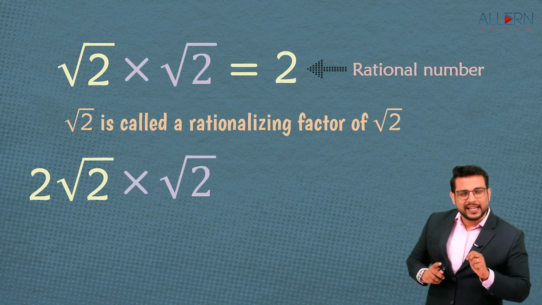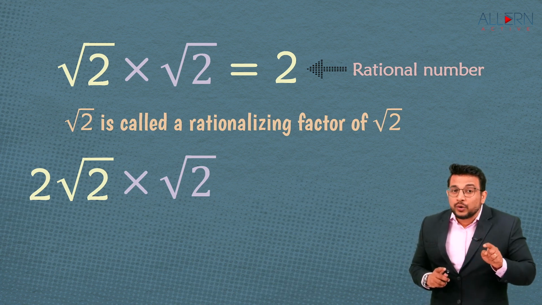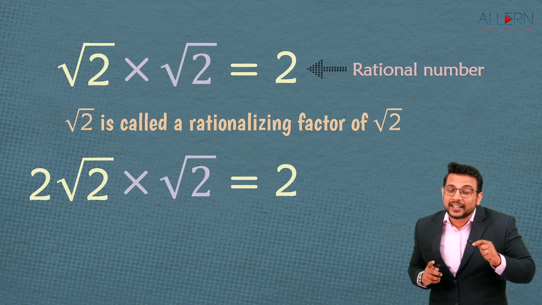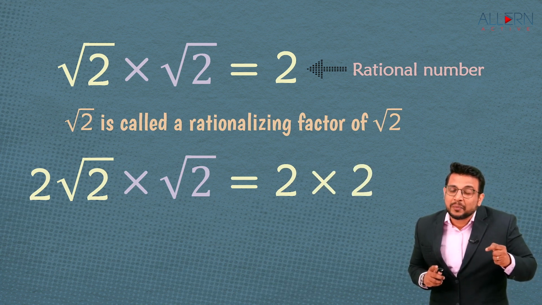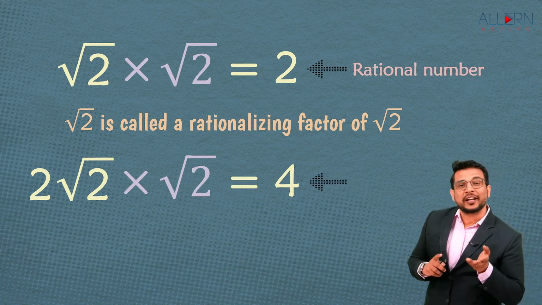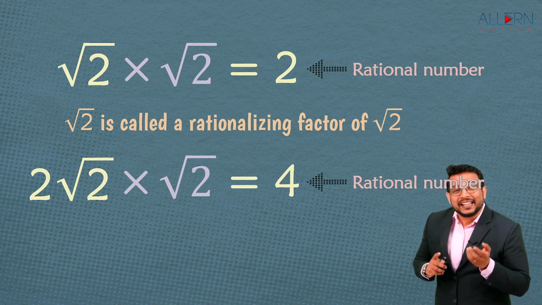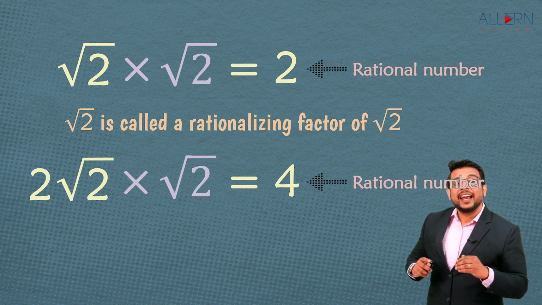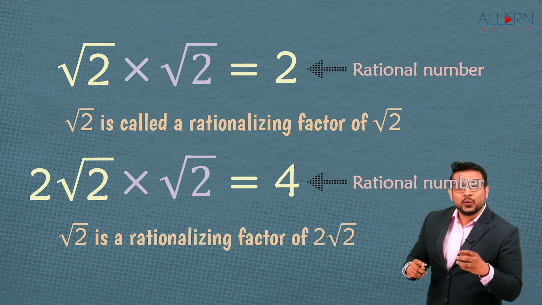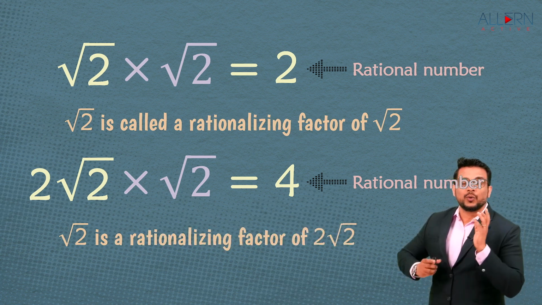So 2 remains as it is, then root 2 into root 2 gives you 2. The final answer is 2 into 2, that is 4, which is again a rational number. That means the rationalizing factor for 2 root 2 is root 2.